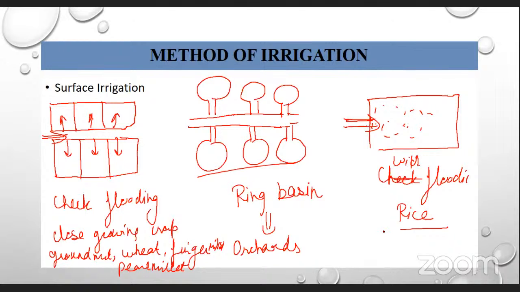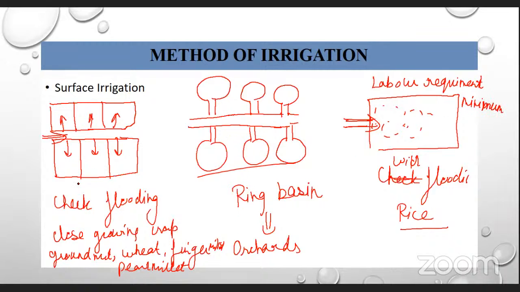Water is allowed from the channel to enter the entire field, and since standing water is present at least to a small depth, spreading of water is easy. But labor requirement for irrigation is minimum. In this we don't require much labor, so the labor requirement is minimum.